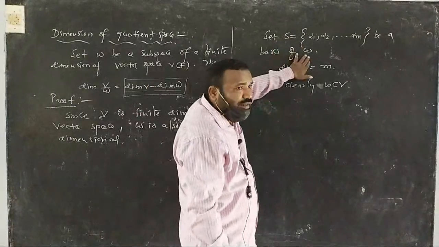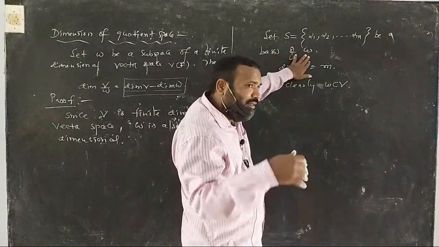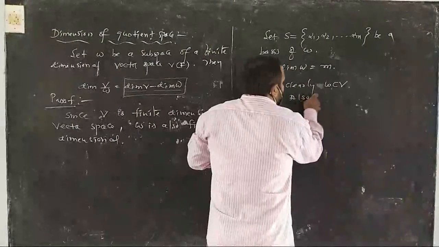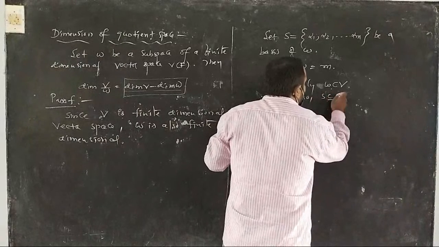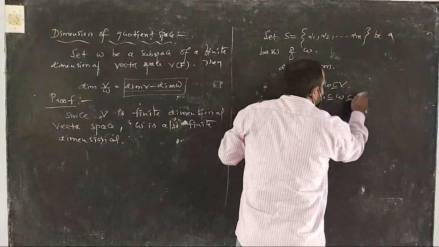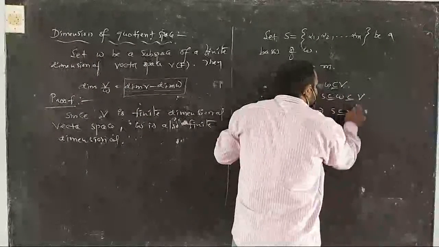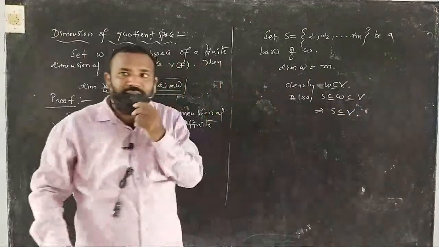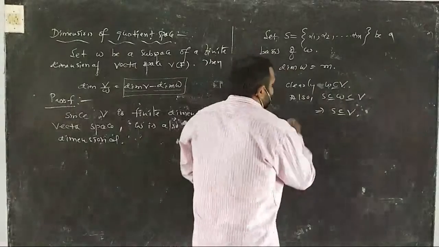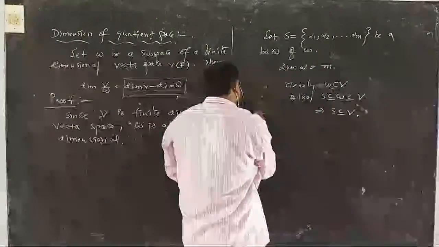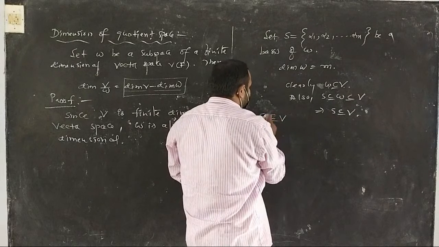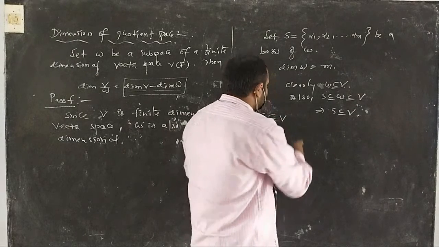S is a basis of W, so first of all it is a subset of W. S is a subset of W, and W is a subset of V. That means S is a subset of V. S is non-empty and is a subset of V. What is S?